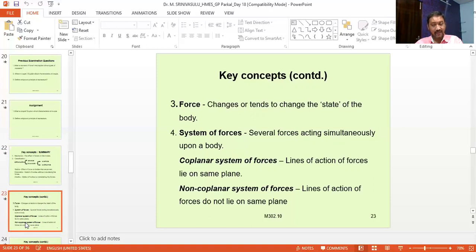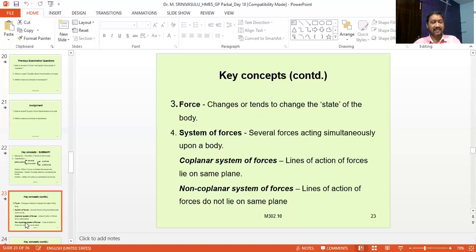And sometimes if the amount of force applied is more, the velocity of the body gradually becomes zero and it may be set into motion in the opposite direction. Like that, the force changes or tends to change the state of the body.